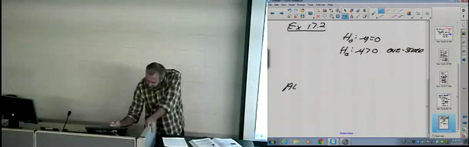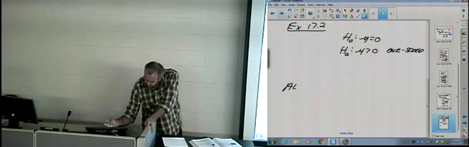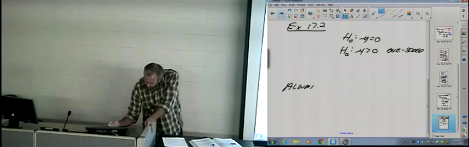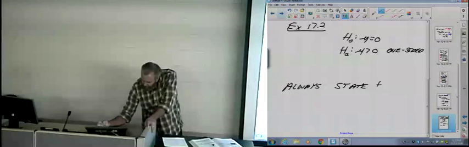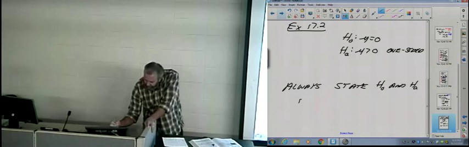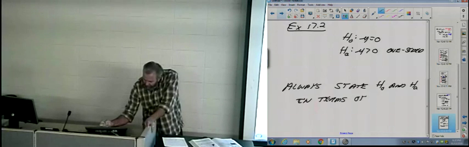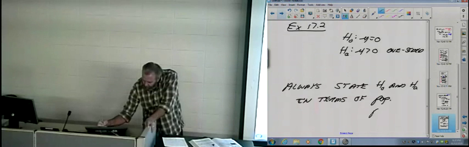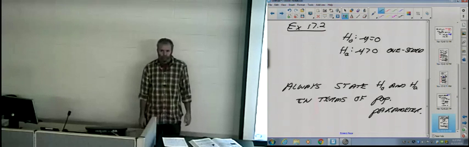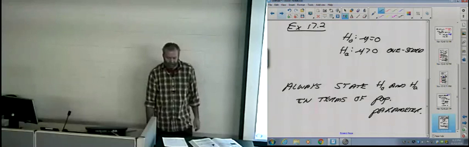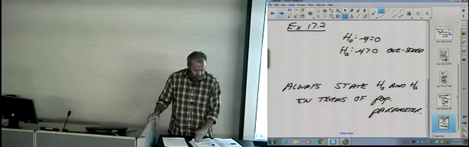Always state the null, H sub naught, and the alternative, H sub a, in terms of a population parameter. Always. Not your statistic that comes from the data. It's always in terms of your parameter.